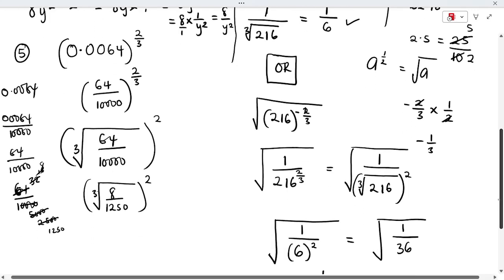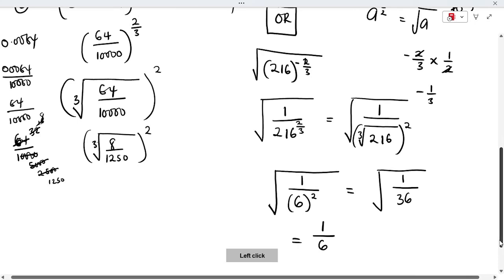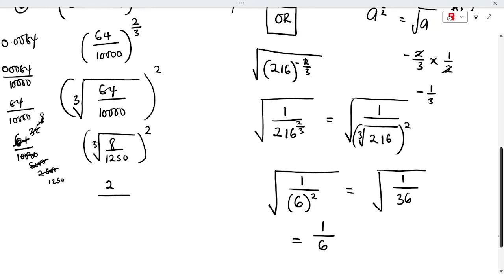Cube root of 8, that's the number you multiply 3 times. Square root means what you multiply twice. Cube root means what you multiply 3 times. What you multiply 3 times will give you 8, and that is 2. Over 1,250 does not have a cube root, so the cube root remains there, over the cube root of 1,250, all squared.